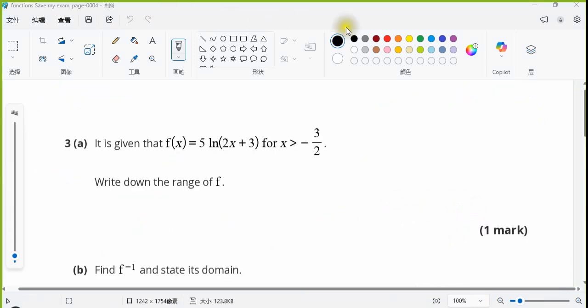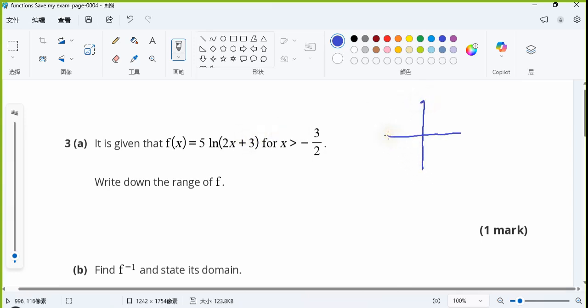Question number 3, f(x) is 5 ln(2x + 3), and x is greater than negative 3/2. When x equal to negative 3/2, it is undefined.